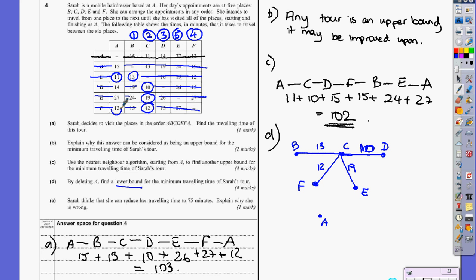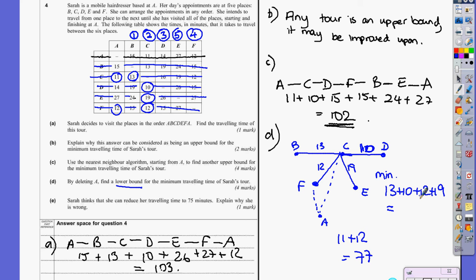So 11 would go to C, and 12 goes to F. Even before this, it was never going to be a minimum spanning tree, but it's worthwhile thinking about it. So the minimum spanning tree would be 13 plus 10 plus 12 plus 19. Get an answer for that. And the extra bit you're going to add on is 11 and 12. And that, I believe, comes up with the answer 77.